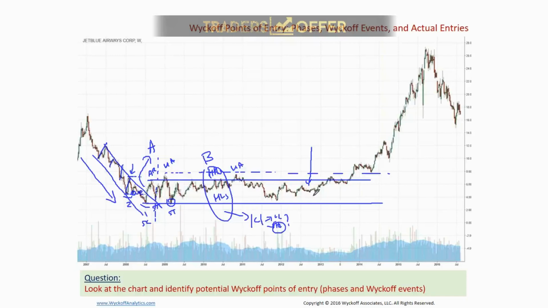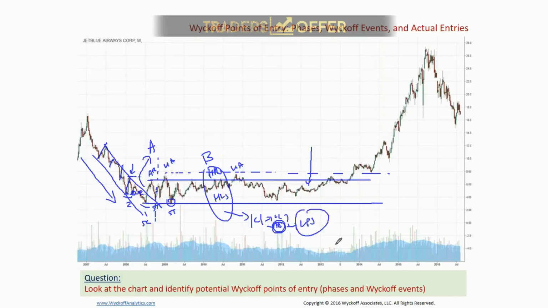Well, I don't necessarily know whether we're going to be stronger in phase C, but we definitely could say that structurally, as you mentioned, there is a high probability that we might have a higher low, so therefore we might have an LPS. Why is this important? Well, guys, think about this.